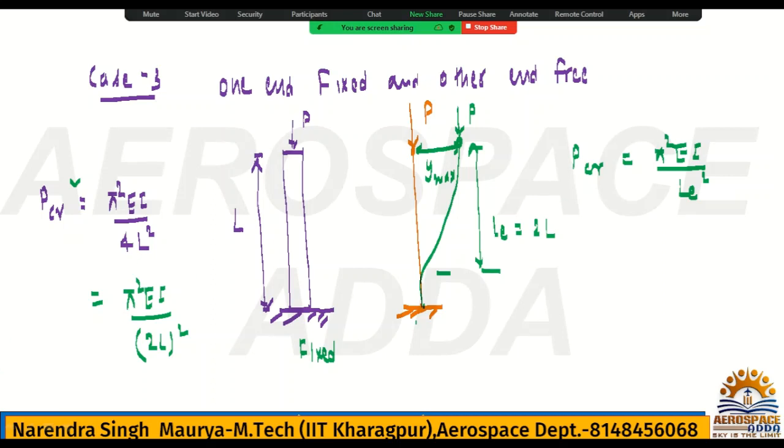But this formula is for one end fixed. I will explain again later on. First you write one more case, it's left. You just complete that, then I will explain. Sir, I mean to say PCR will be the same, just LE will be different, so the value will come different for every case. Yes. Anyway, now we'll go for case 4.